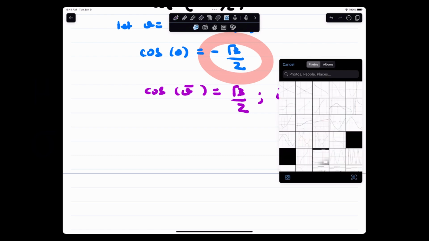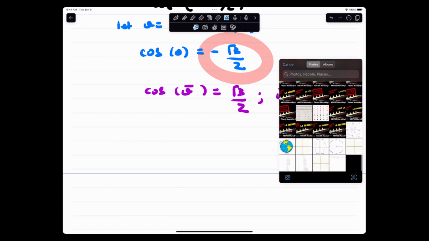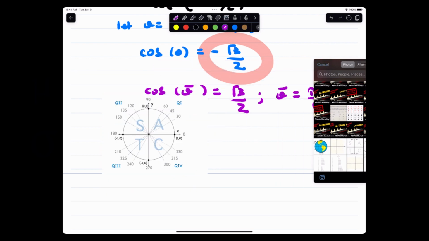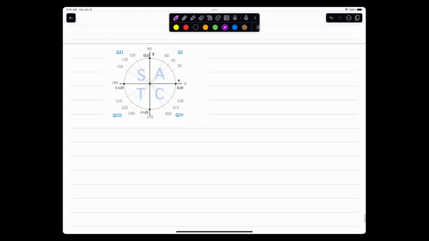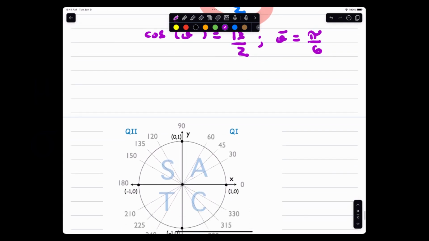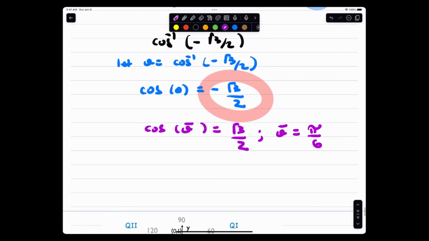And if we go back to that nice picture, okay, if you guys recall this. See this pi over 6 value? Well, cosine is actually negative.